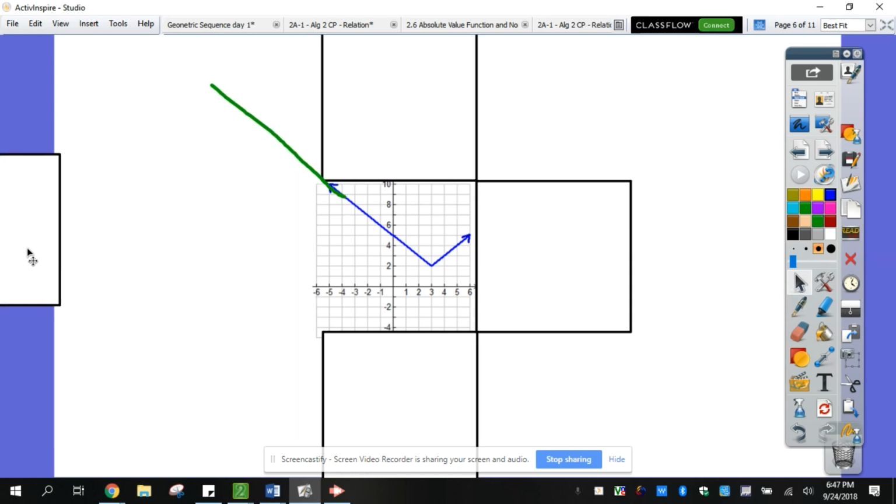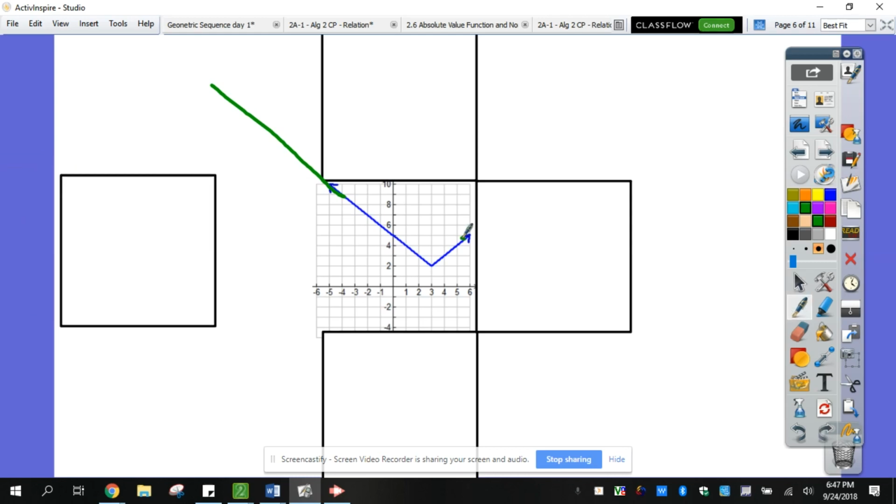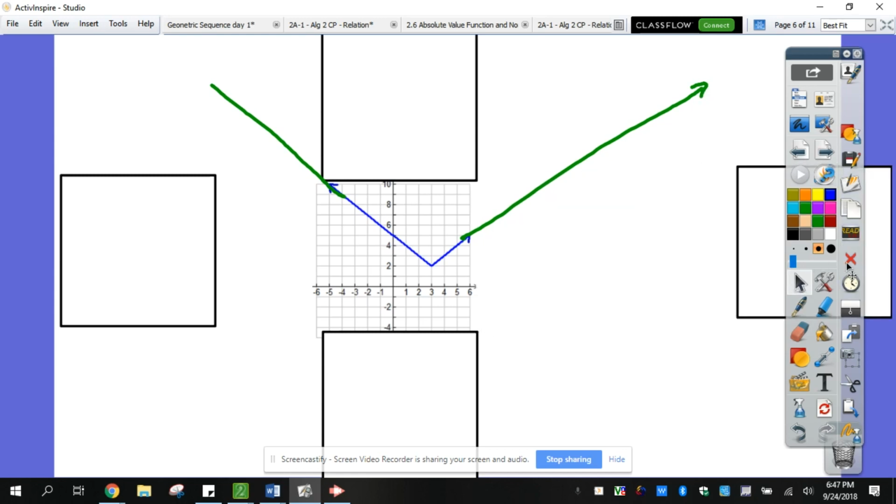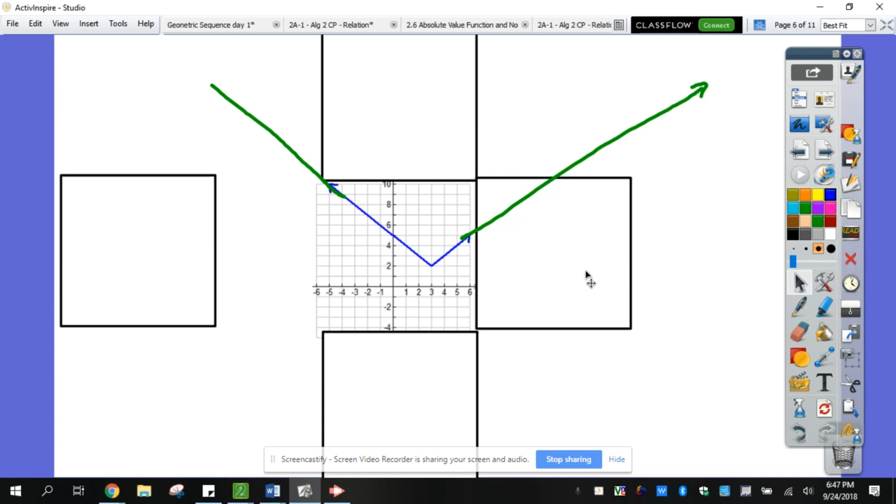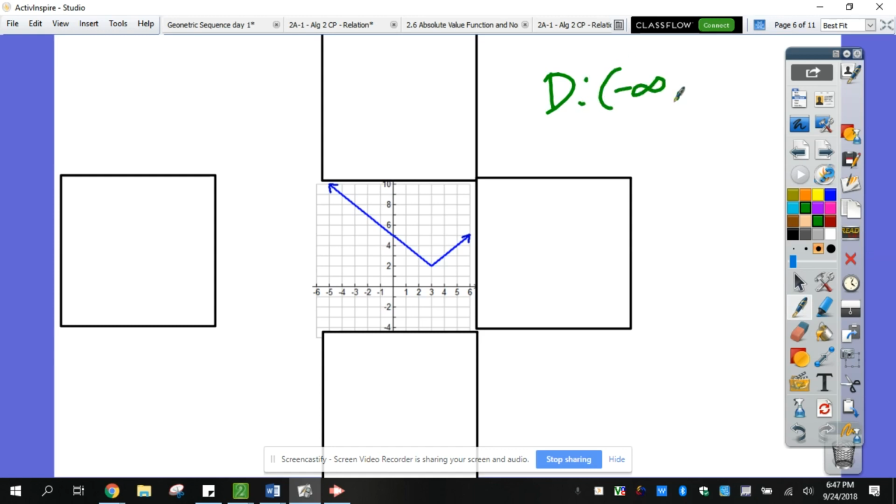So this goes further, never stops, to the left side. And likewise here, this graph is going to go towards the right side and never stop there. So what do you think is the domain here? The domain for this one is going further to the left, going further to the right. So therefore, it's all real numbers.